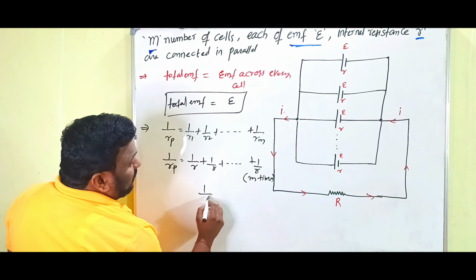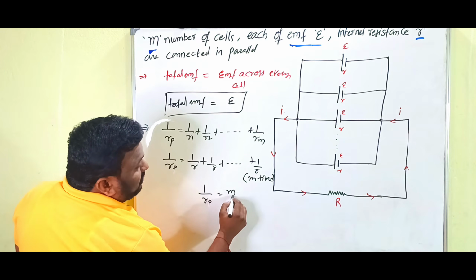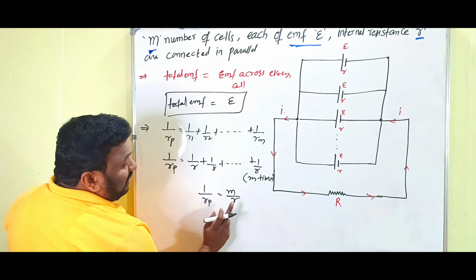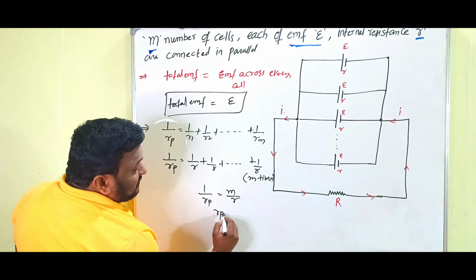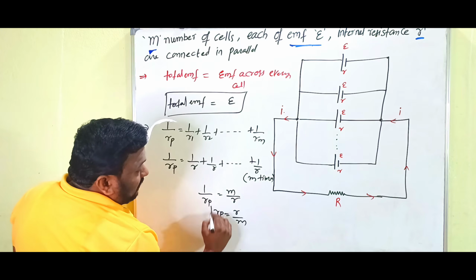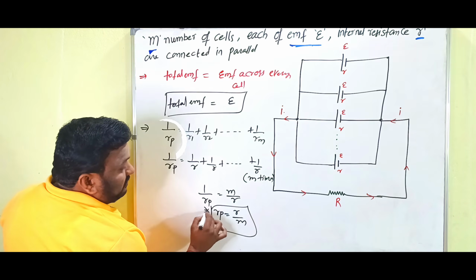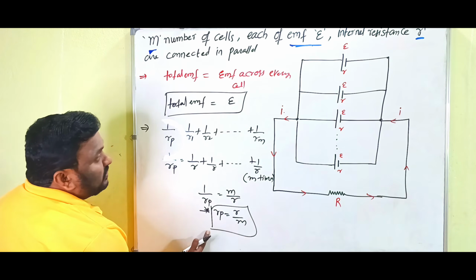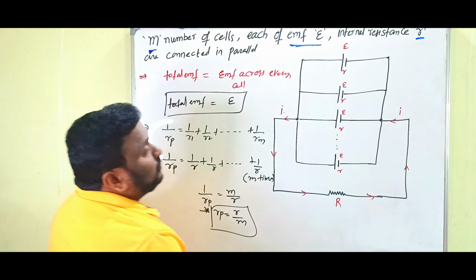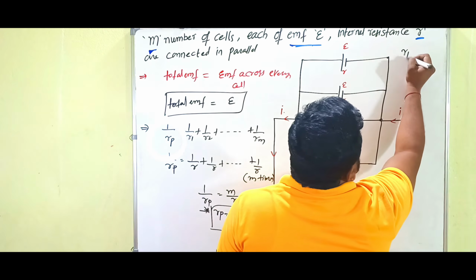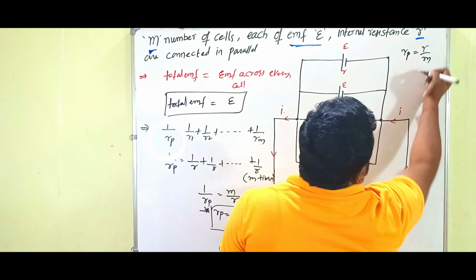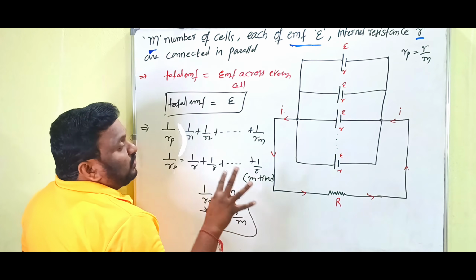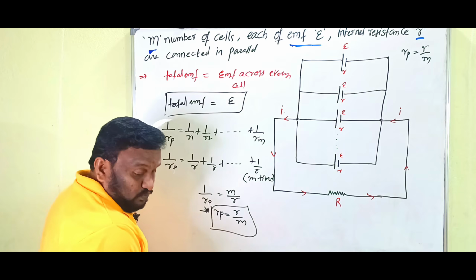Then 1 by Rp is equal to m by r. From that, Rp is equal to r by m. This is the effective resistance of the combination. So in this case, according to Ohm's law, we write I is equal to V.